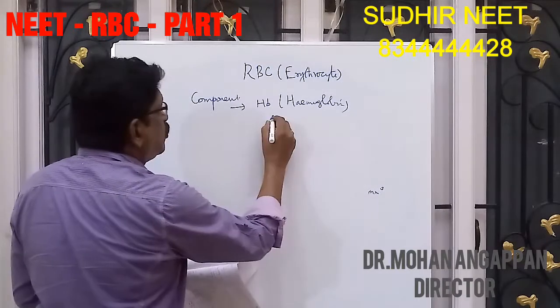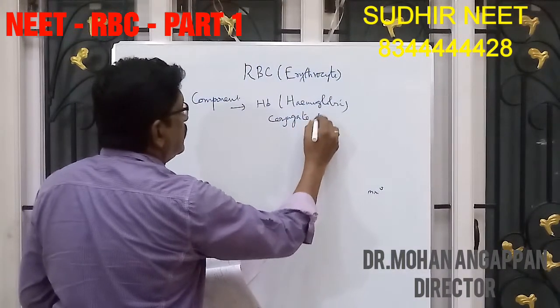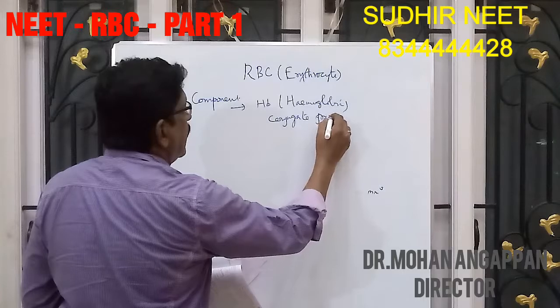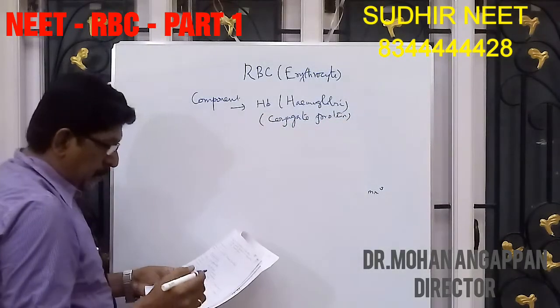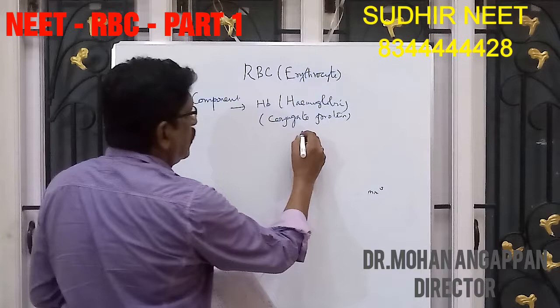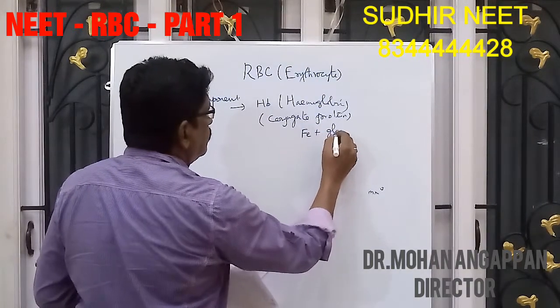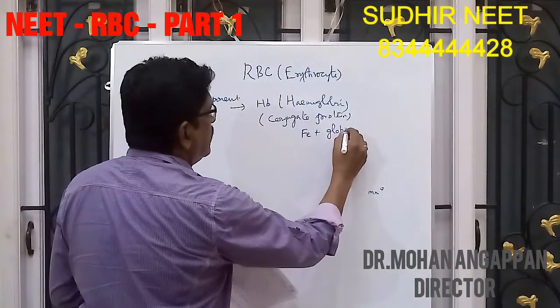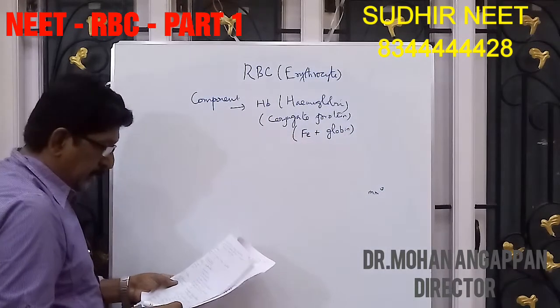It's a conjugate protein. So you know the types of proteins. The hemoglobin is a conjugate protein made up of iron plus globin. Iron plus globin. It's a conjugate protein.